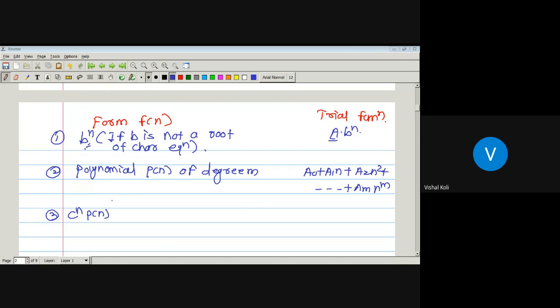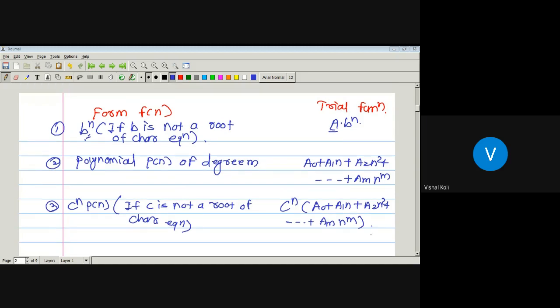Again we suppose that c is not a root of the characteristic equation. Then its trial function is c to the power n as it is, into a naught plus a1 n plus a2 n square plus so on, up to am n raised to m.